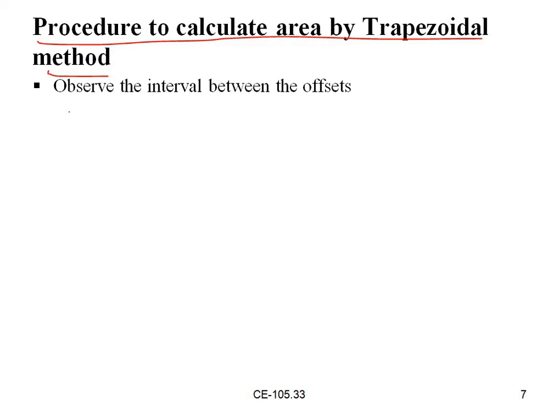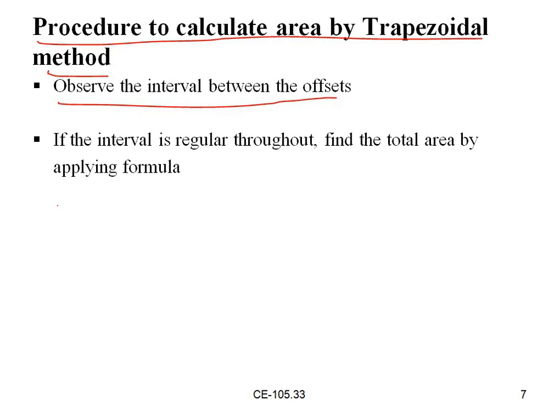First of all, observe the interval between the offsets. How much is the interval, the offset gap? Next, if the interval is regular throughout, that means the common distance is the same, find the total area by applying the formula.